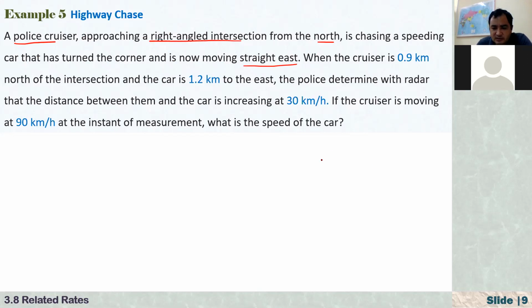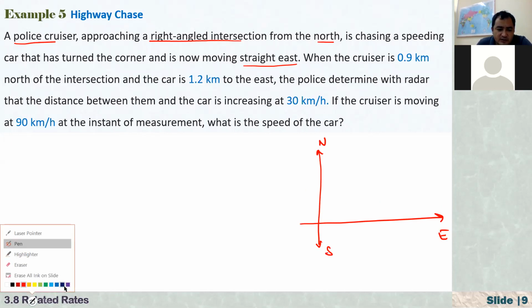So that means if I draw this coordinate system, this one is north, this one is east, and this one is west. Actually we don't need that, and this one is south. Maybe I need to draw this line somewhere here. Okay, this one is east.